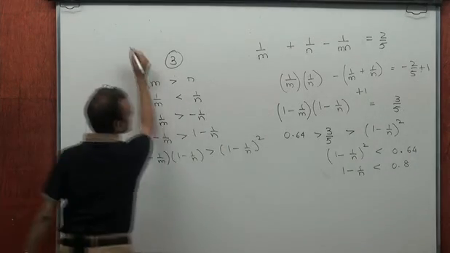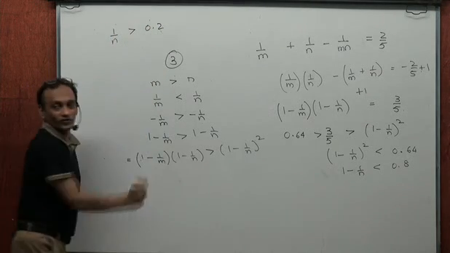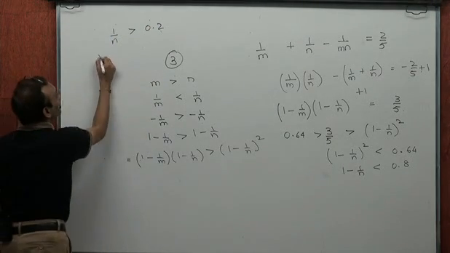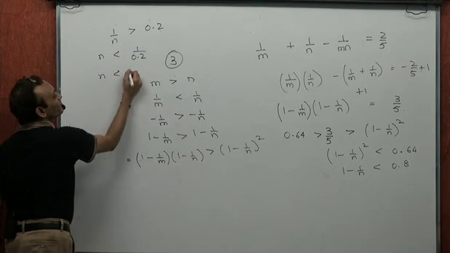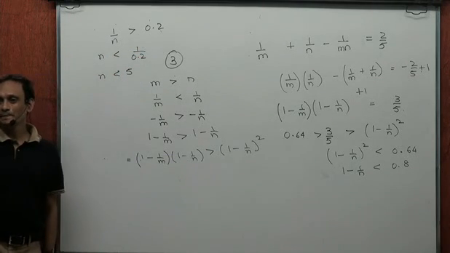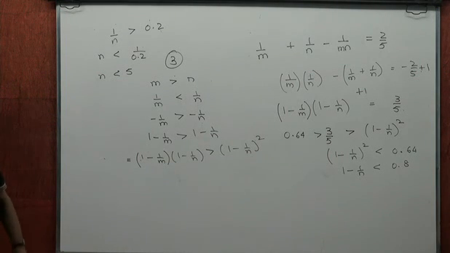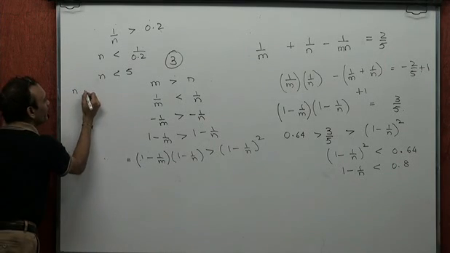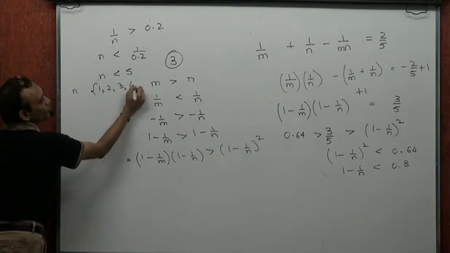So this then gives me 1 by n greater than 0.2, n therefore less than 1 by 0.2. So n less than 5. What are the only values of n that you need to inspect? 1, 2, 3, 4. We've reduced the set. The only permissible values of n then would be 1, 2, 3, 4.